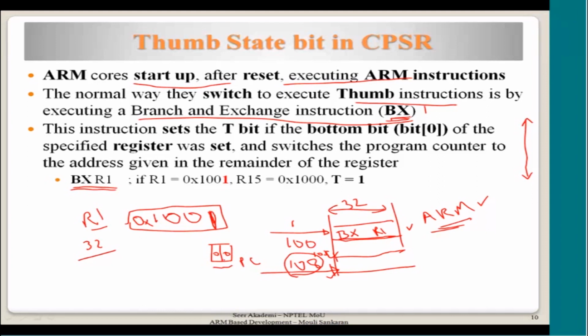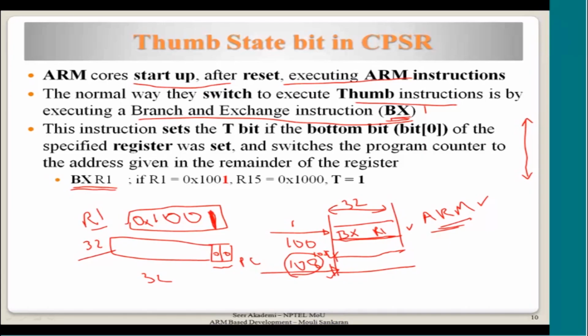Because it will fetch 4 bytes at a time, the instruction addresses jump from 100 to 104, then 108, by 4 bytes. But still there is a bit set here.